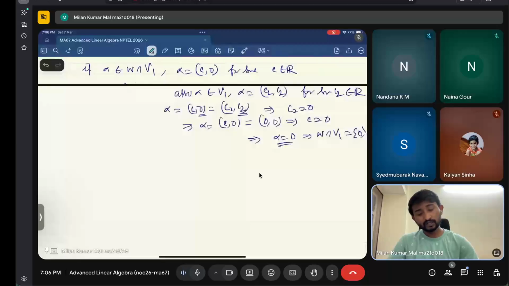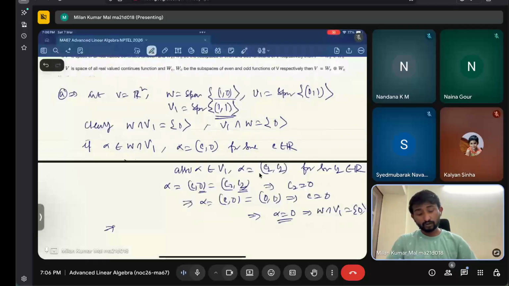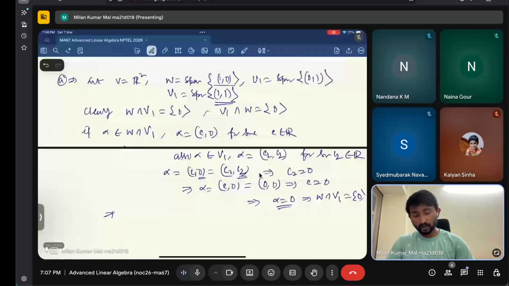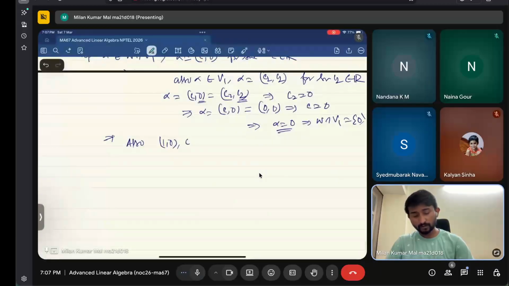Clearly, W intersection U1 will be 0, there is no doubt, because they are linearly independent; you can look carefully. Also note that (1, 0), (0, 1) is a basis of R2, and also (1, 0), (1, 1) is a basis of R2.